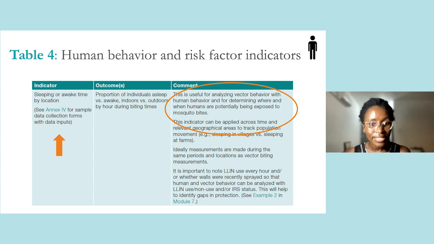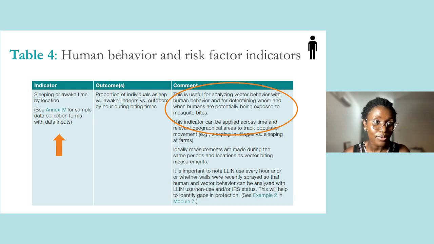This indicator is necessary when integrating vector behavior with human behavior to determine where and when humans are potentially exposed to mosquito bites. This indicator uses human behavior observations, or HBOs, which we will describe in more detail on the following slide. Feel free to pause the video now if you want to take a closer look at any of the four indicator tables.